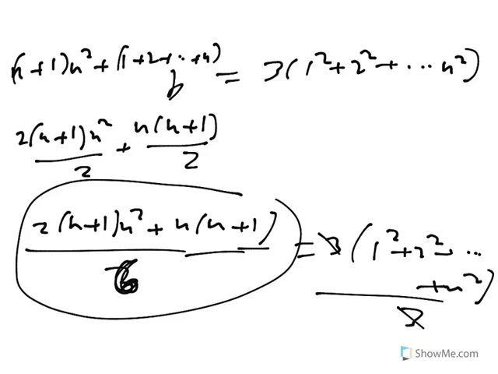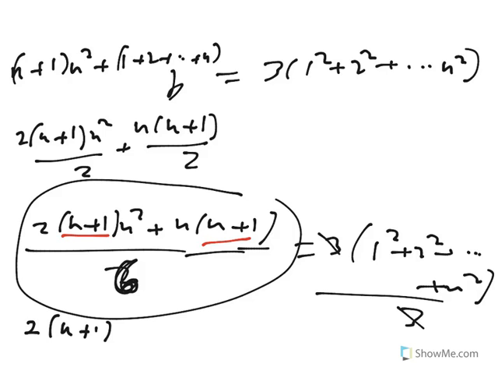except that formula maybe doesn't look so familiar to us. So what I can do is I can factor out, you see how there's an n plus 1 here and an n plus 1 here? If I factor that out, I get 2 parentheses n plus 1.